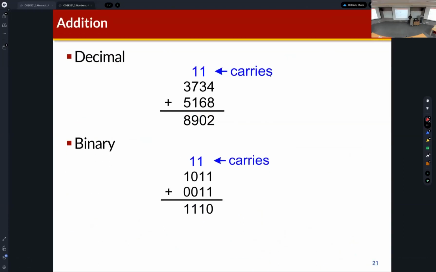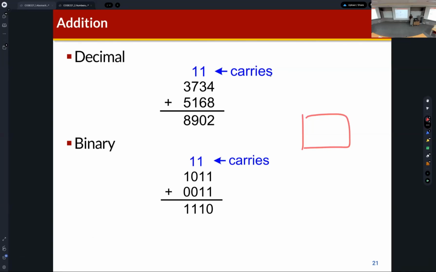Okay, so addition. Why do this? Because you can understand the computer as an enhanced calculator.